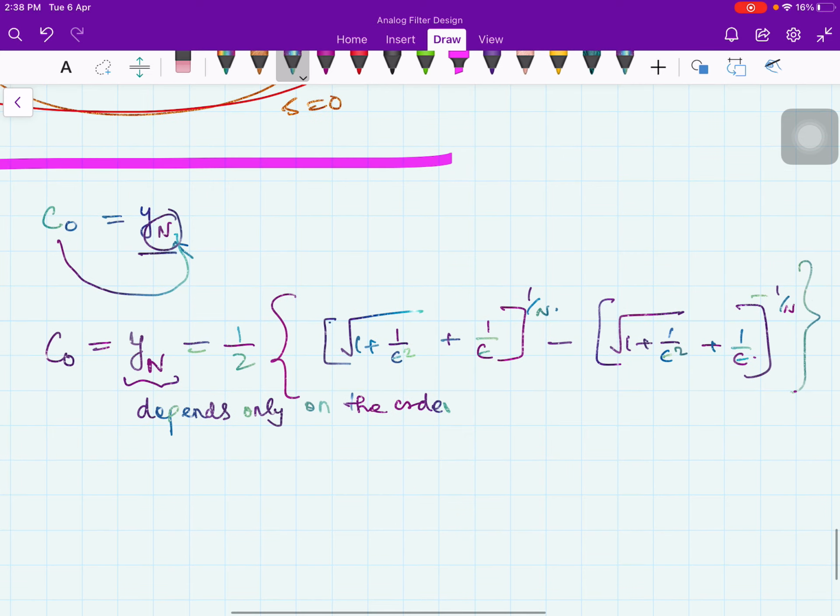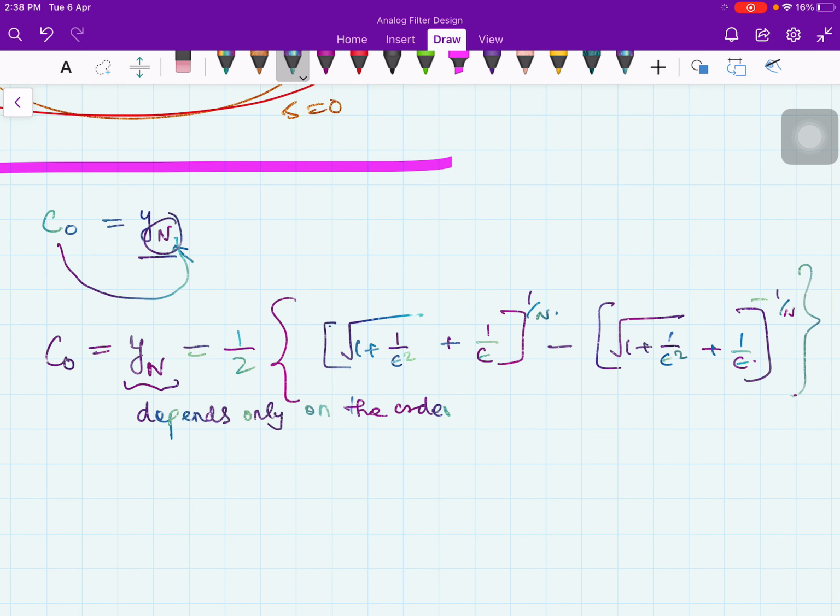So this is the formula to find out y_N. From y suffix capital N you can find out c naught. y_N only depends on the order.